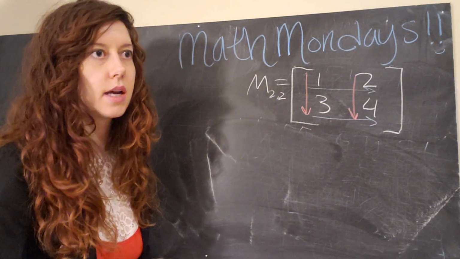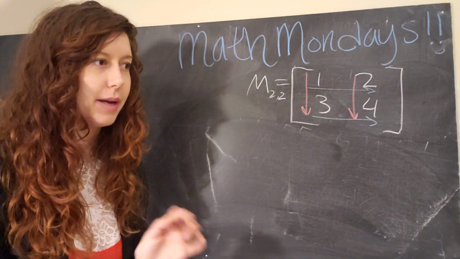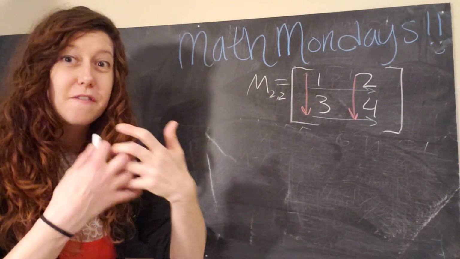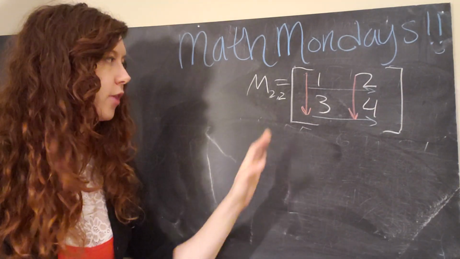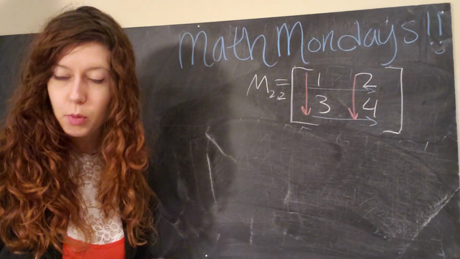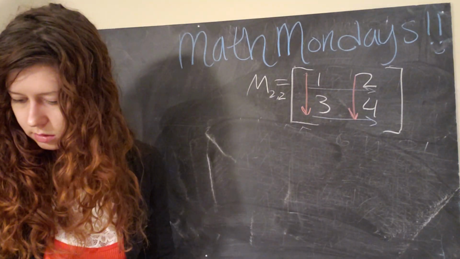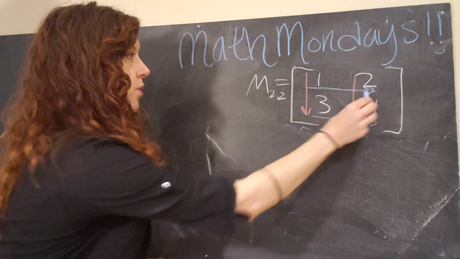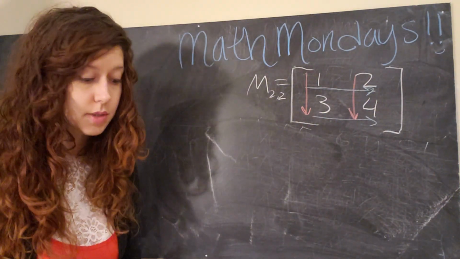So in this case, when we're multiplying matrices, we don't have to have matrices of the same size, but they do have to fit together, kind of like a puzzle. And the way that they fit together is that when we multiply matrices, we multiply the rows with the other matrix's columns.